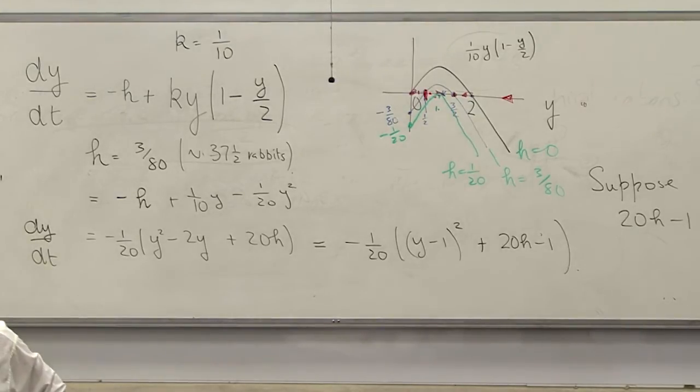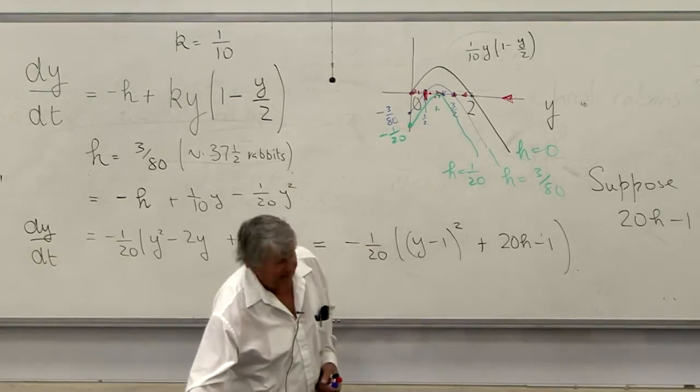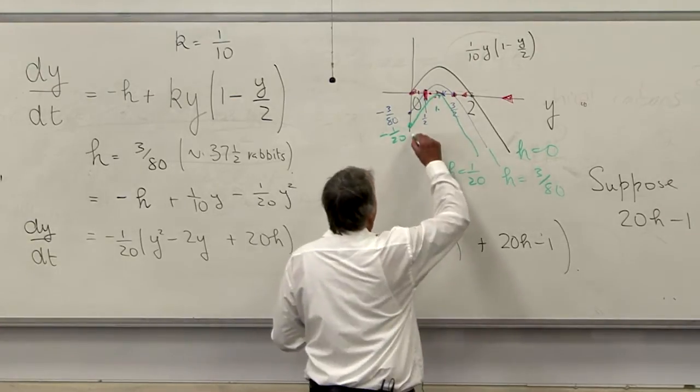When the square root is negative, it's what you're going to meet next Tuesday, complex numbers, square roots of minus 1, which are great things, but not for rabbits. So you lose the real roots. This graph falls underneath here like this.